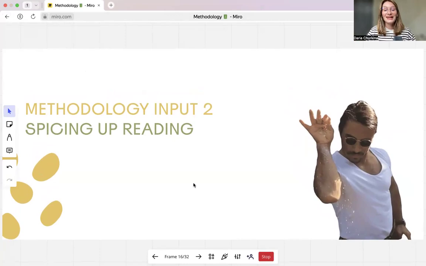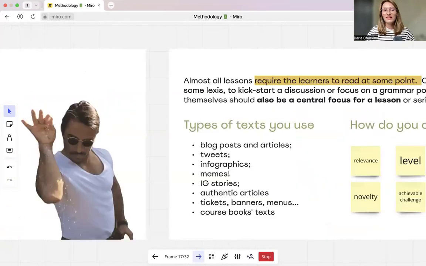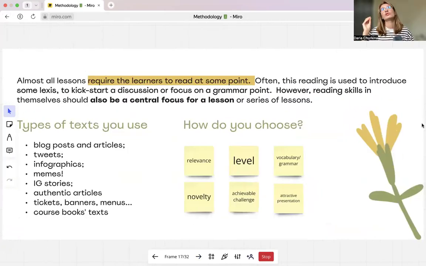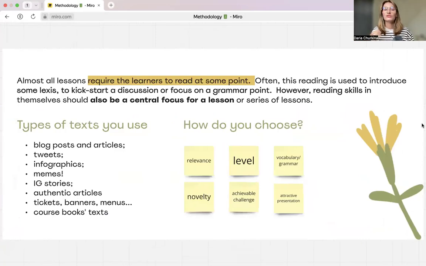All right, so first things first, I think it's a well-known fact that almost all the lessons that we conduct require learners to read at some point. We may make them read to kickstart a discussion or to focus on a particular grammar item or maybe to introduce some lexis, right?